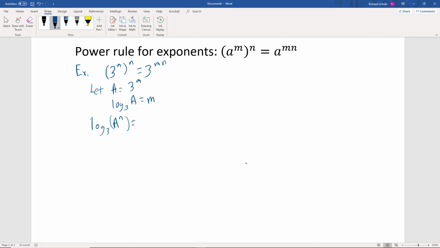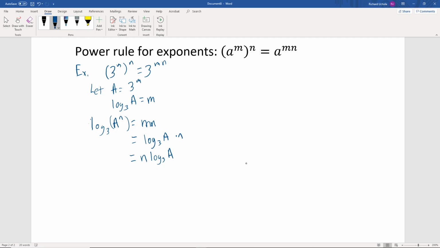So that's asking, what do we have to raise 3 to to get 3 to the m raised to the n, which is the same thing as 3 to the m times n. So we have to raise it to the m times n power. And then m is equal to log base 3 of a, times n. And usually we like to put the number in front, so we would have that as n times log base 3 of a.